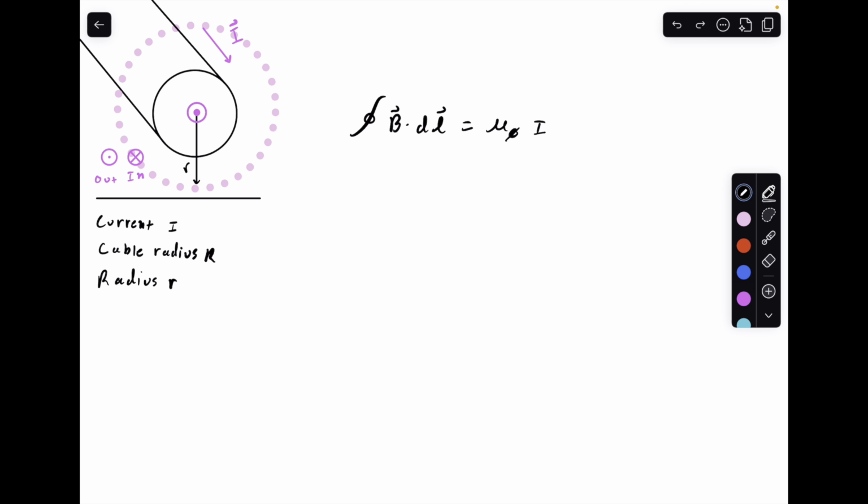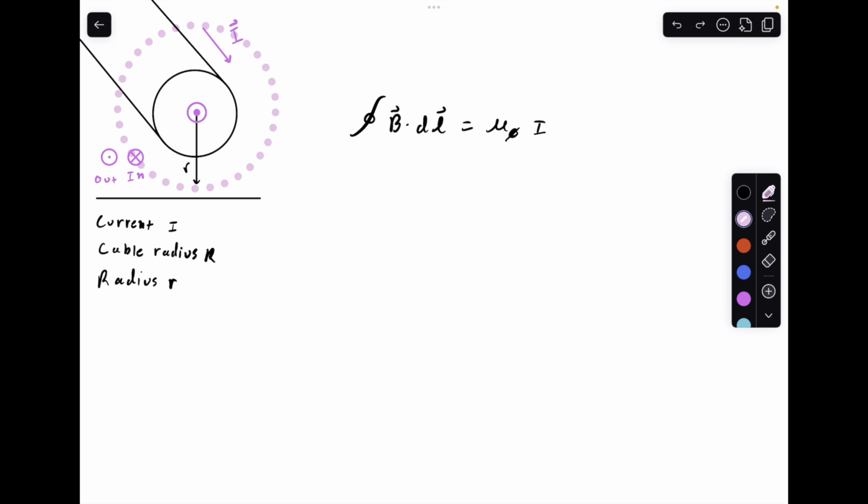As I was saying, we need to have an Amperian loop enclose a current, and that's a lot like Gauss's law, which we did way earlier, I think two units ago. If you remember, in Gauss's law, we enclosed a charge with a Gaussian surface, right? That was in 3D. In these instances, we're basically doing it in 2D. We're enclosing a current with a loop, right?